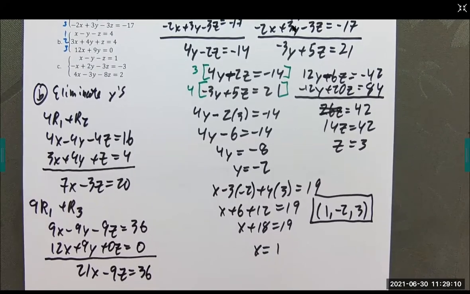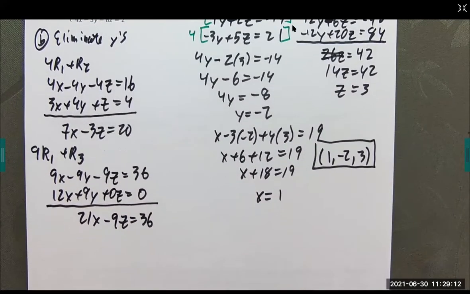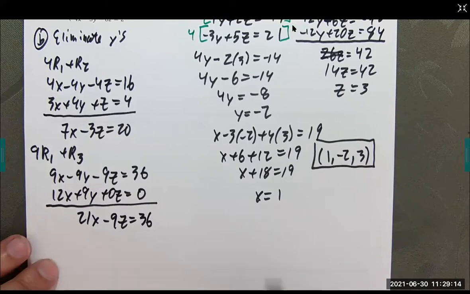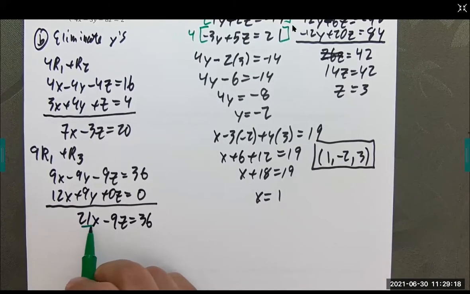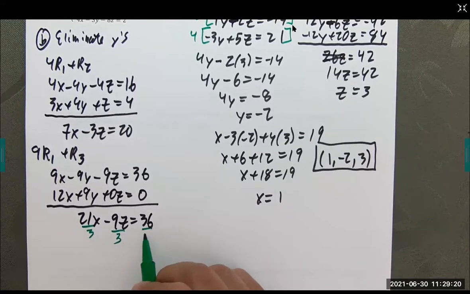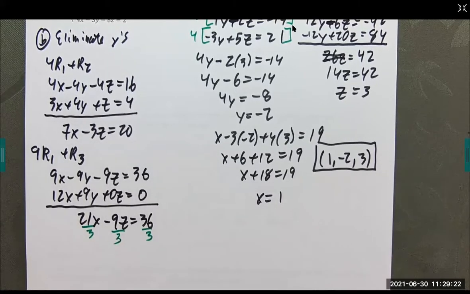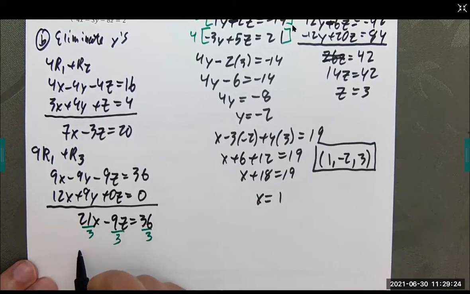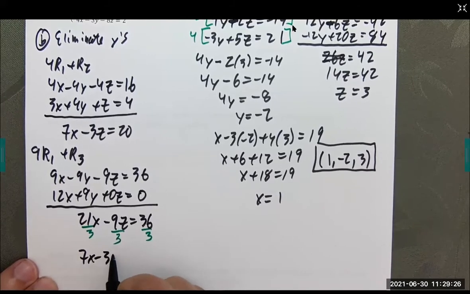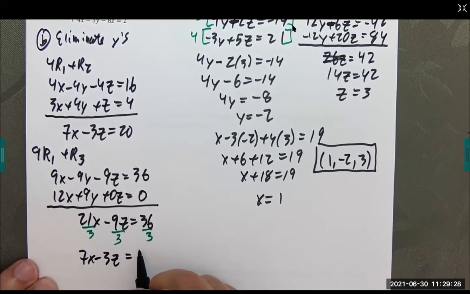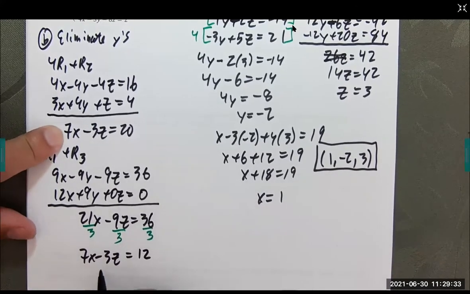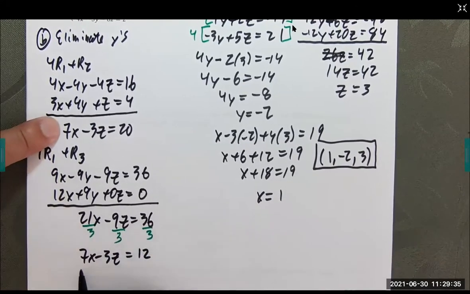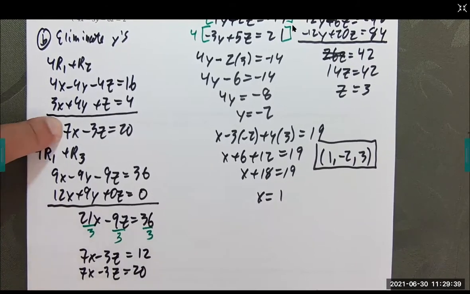And I have 2 equations and 2 unknowns now, and I can actually divide this through by 3. And I notice this becomes 7x minus 3z equals 12. Do you see that I have, that's this one here, and then this one here is 7x minus 3z equals 20.